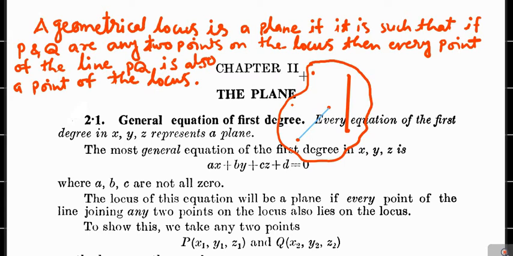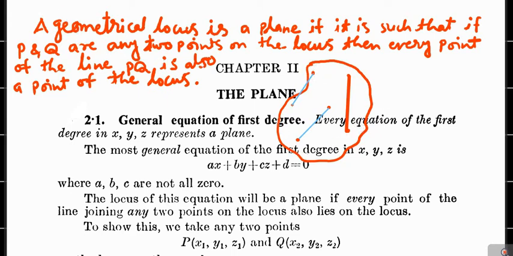We draw a line joining these two points. If you observe, some of the points of this line lie outside this locus, as can be seen here. Therefore the line joining these two points of the locus does not lie completely in this locus. As per our definition, this locus cannot be a plane. So it is not a plane.